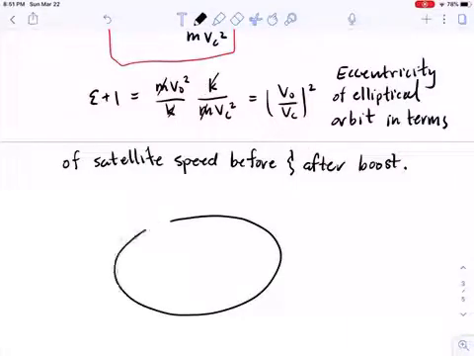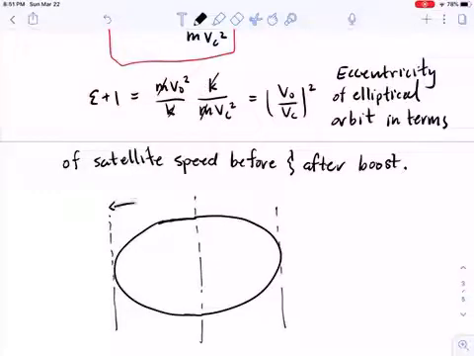Okay, so let's draw ourselves an elliptical orbit, and let's just remind ourselves of a few of the parameters of the ellipse. If we cut the ellipse in half vertically, which I didn't do a very good job of, so let me try again. Where's the center? Somewhere around here, maybe.